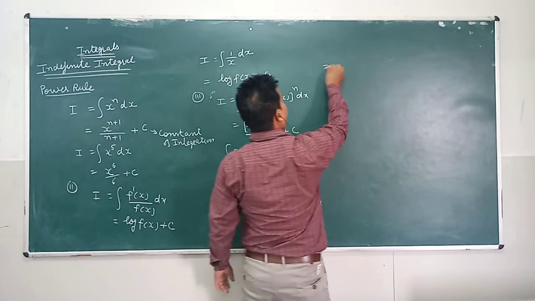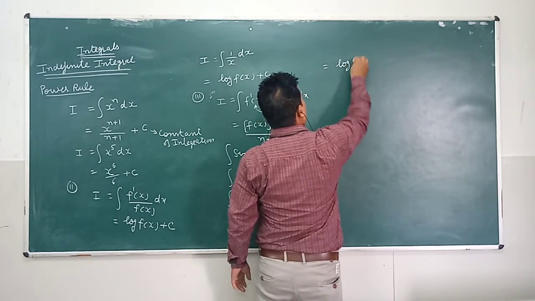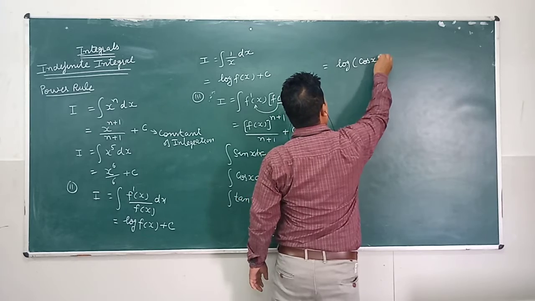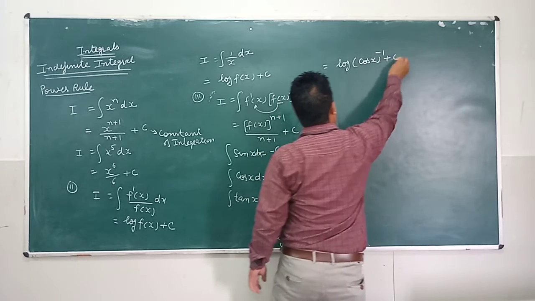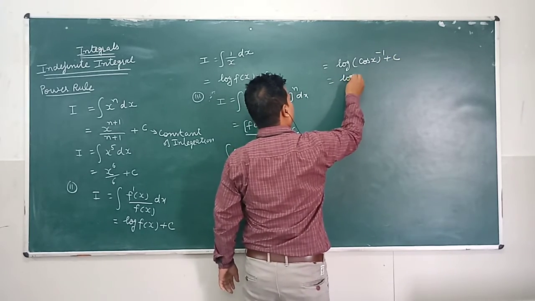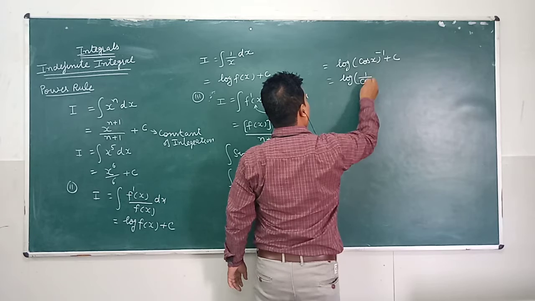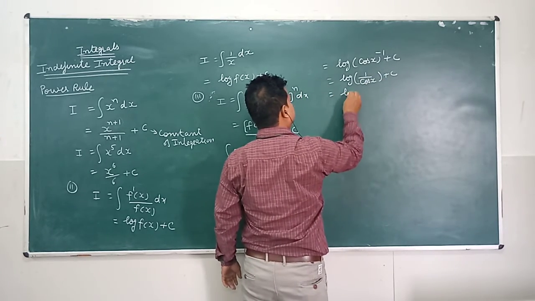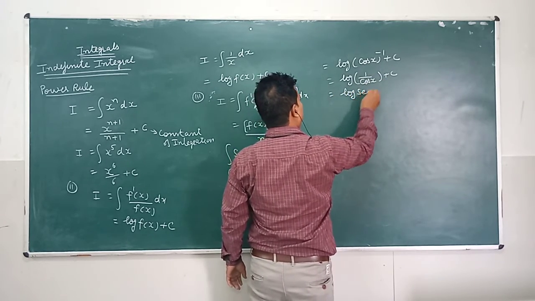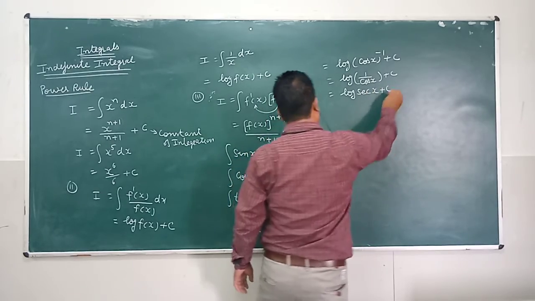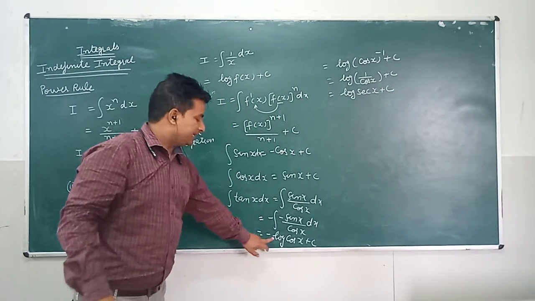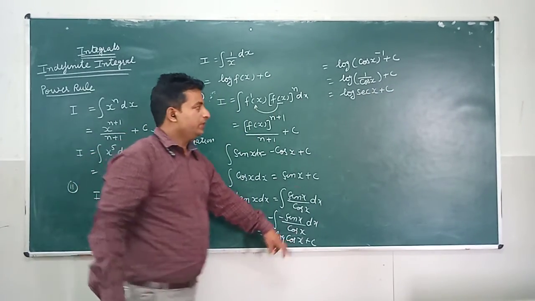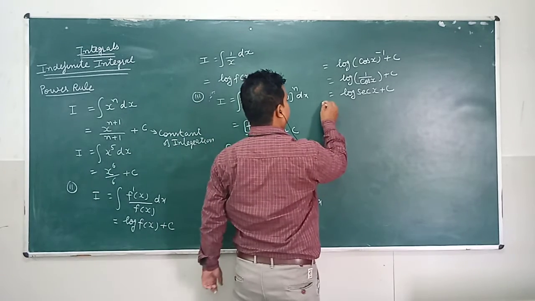We write it as log, taking power minus 1, plus c. So this is log of 1 upon cos x. As we know, 1 by cos is secant. So integration of tan x is minus log cos x or log secant x.